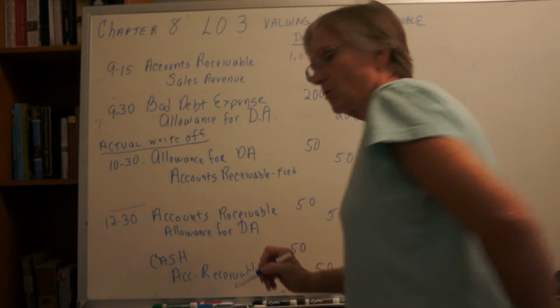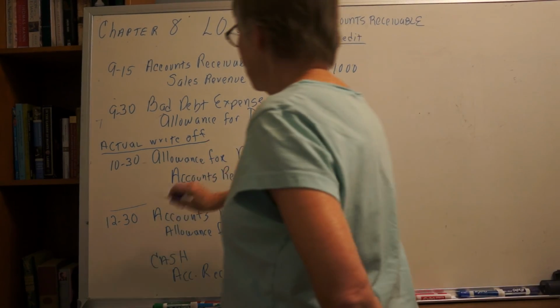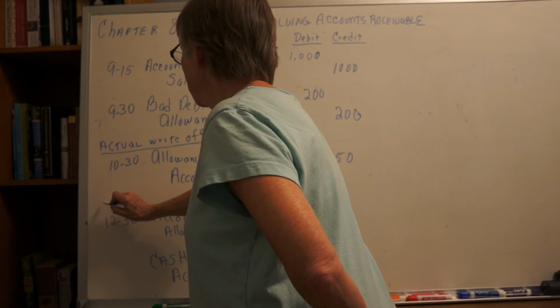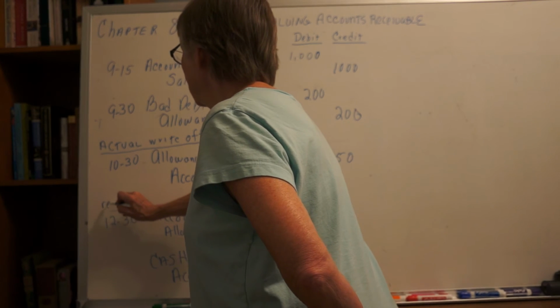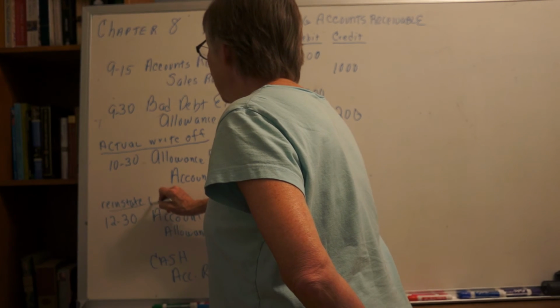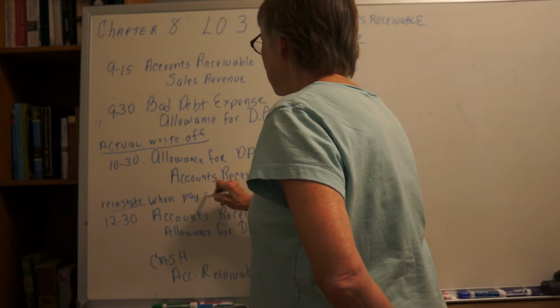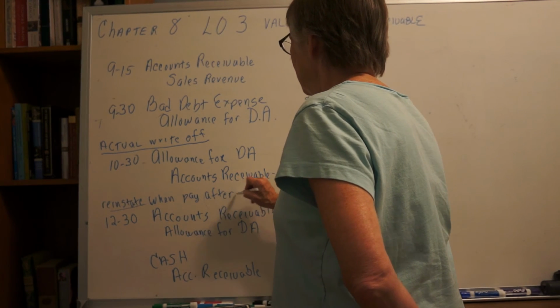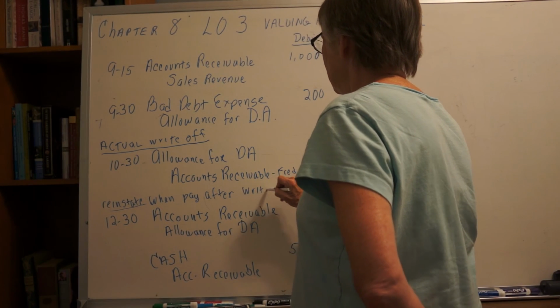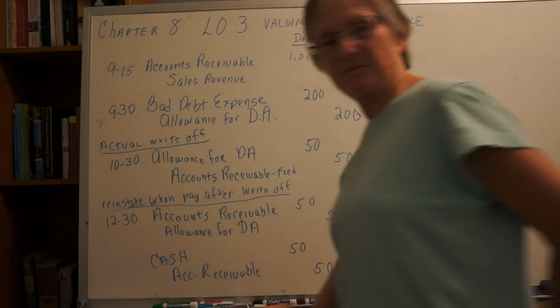Okay, so that's how you treat that. So this is an actual write-off, and you have to reinstate the account when they pay after a write-off. And these things happen, and so you just need to know how to handle them.